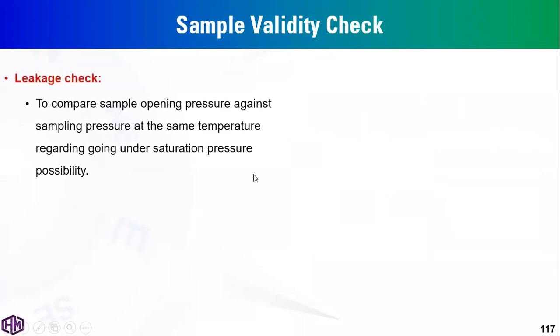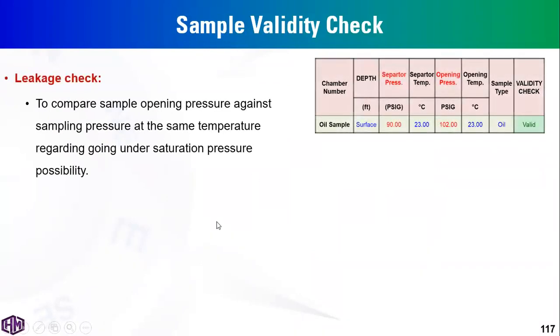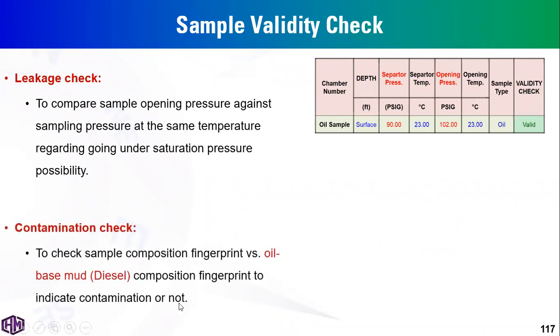The validity check is to check that the opening pressure of the sample must be equal to or higher than the initial reservoir pressure, to ensure the sample is not in the two-phase region and that we have single-phase fluid at the PVT lab. Second is the contamination check, to ensure the sample is not contaminated by oil-based mud or diesel.